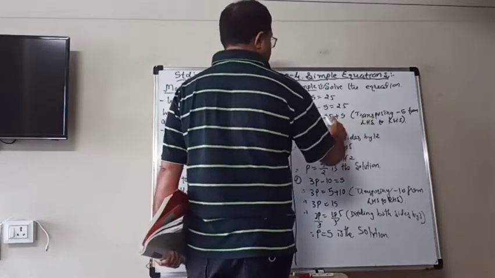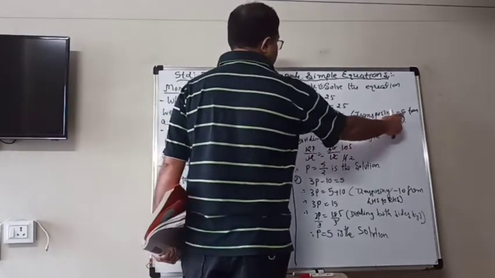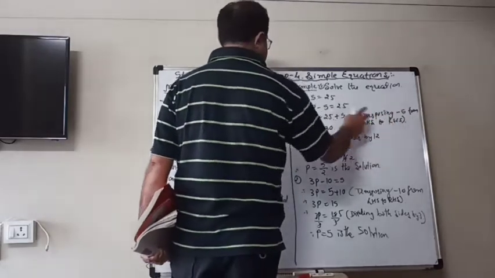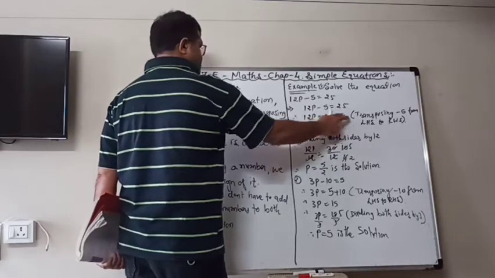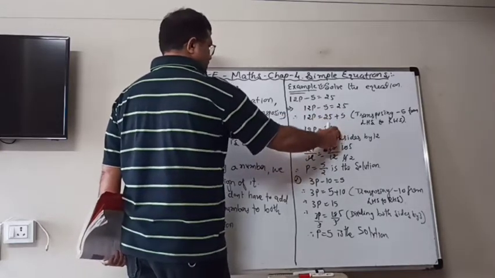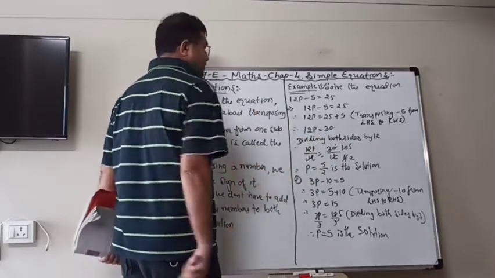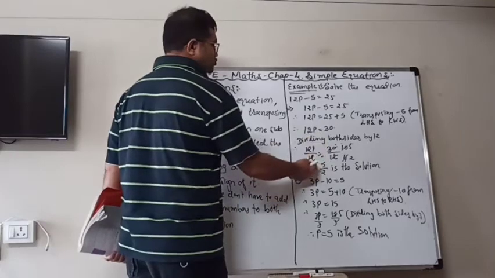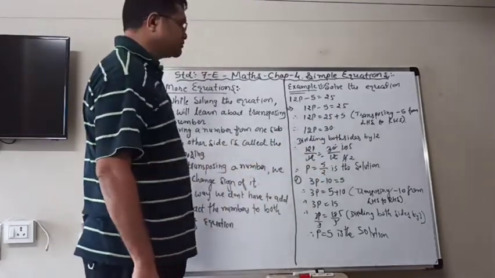We transposed minus 5 to RHS. So directly we write down 25 plus 5. So 12p is equal to 25 plus 5, which is 30. Then we have to do the same thing that we did, dividing. So 12p upon 12 is equal to 30 upon 12.